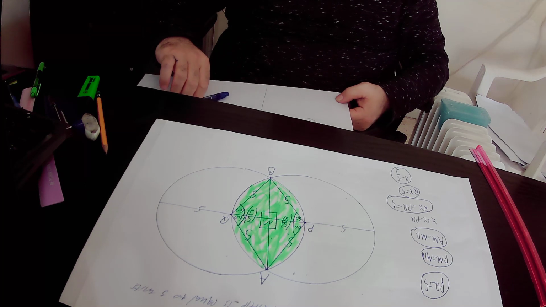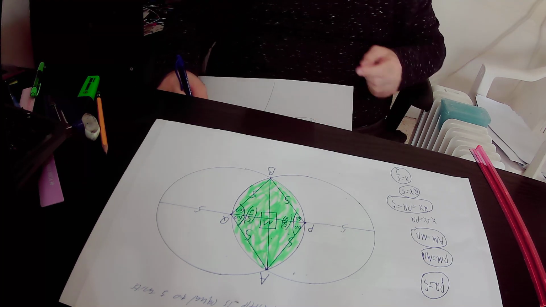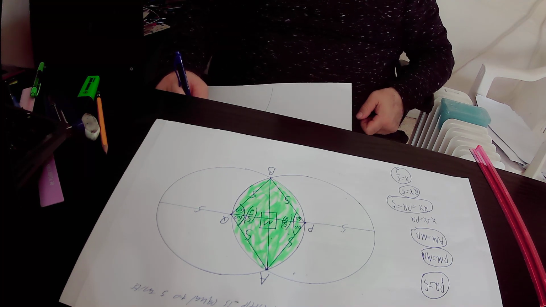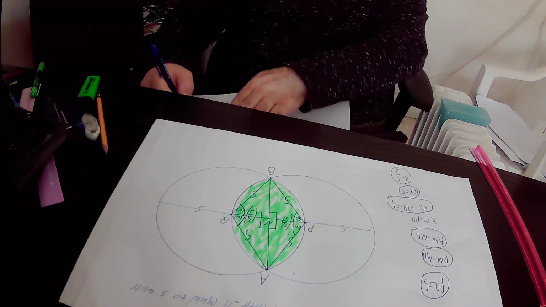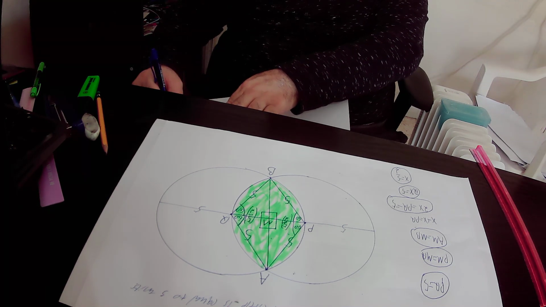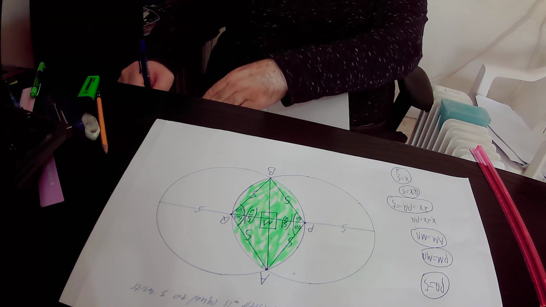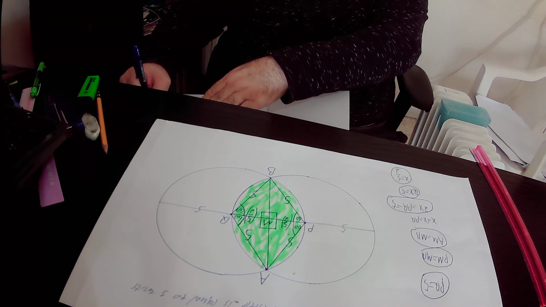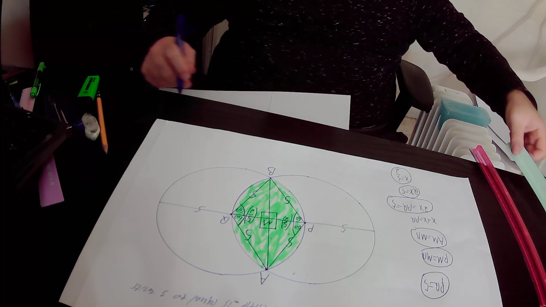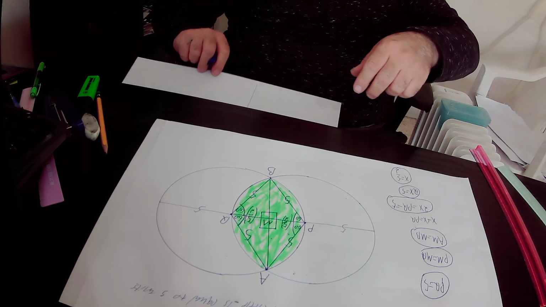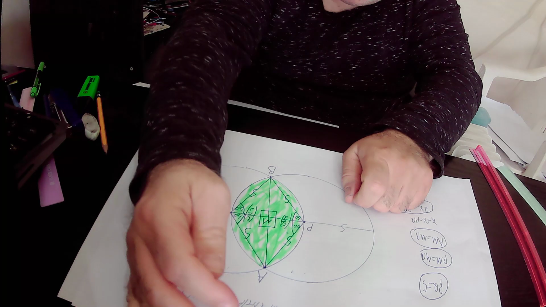So we will focus on triangle APB and triangle AQB. So why can those two triangles go into each other?